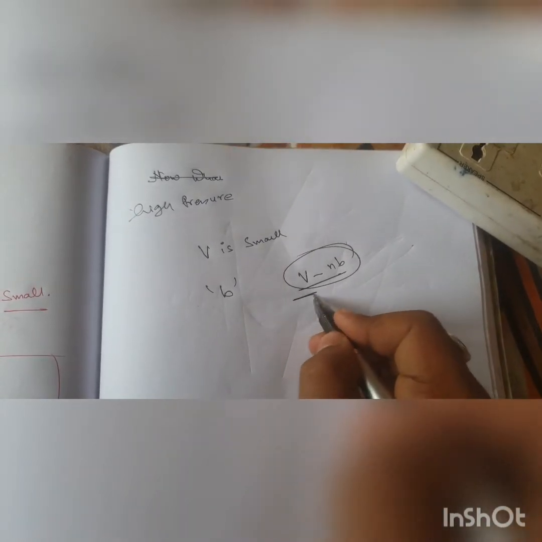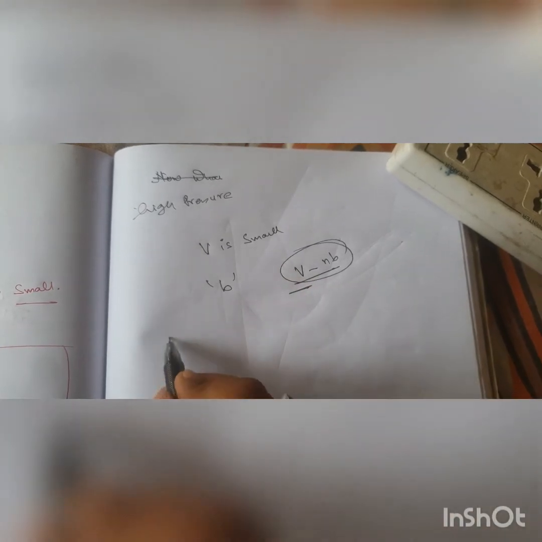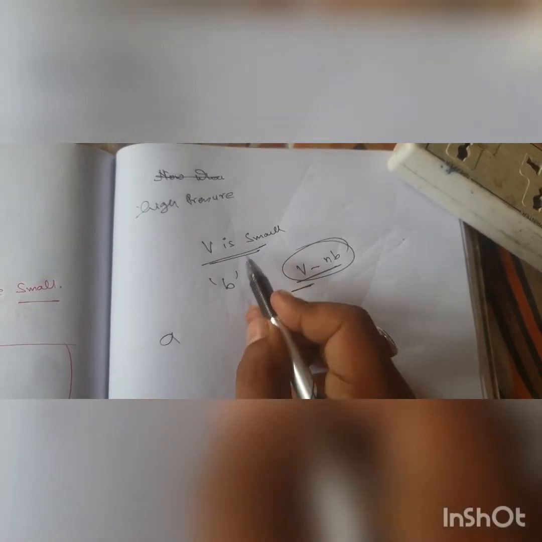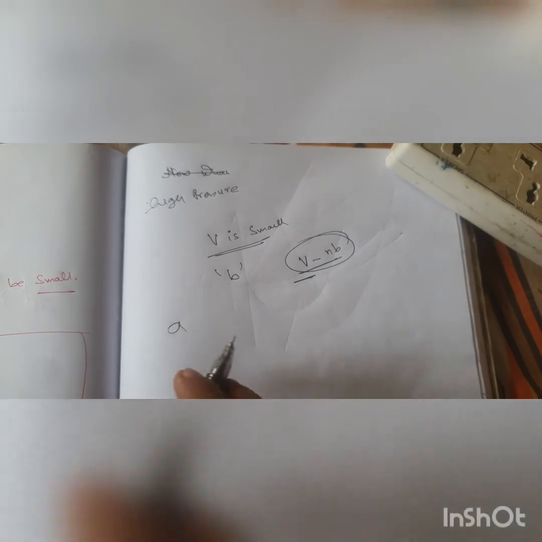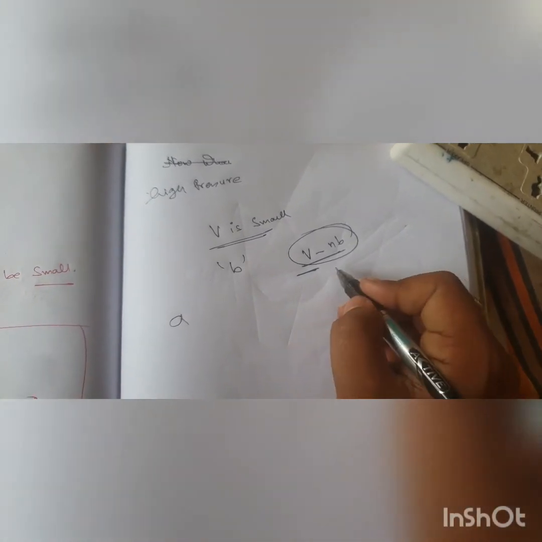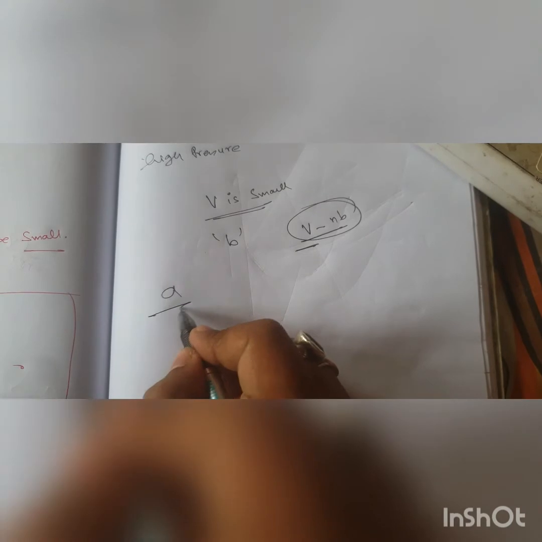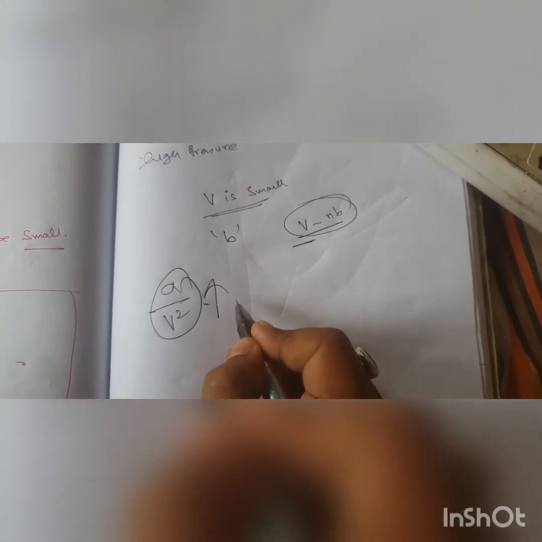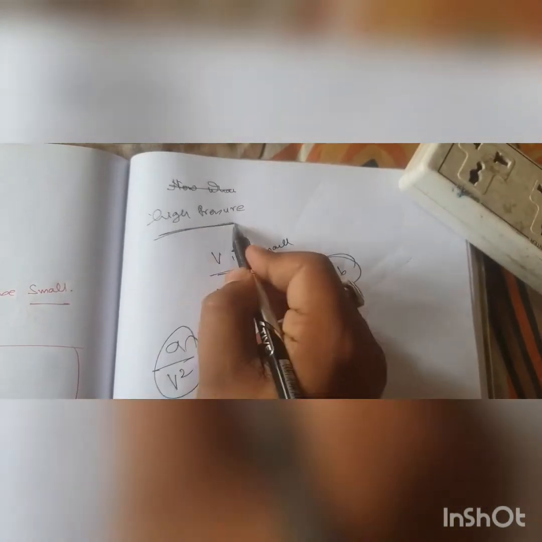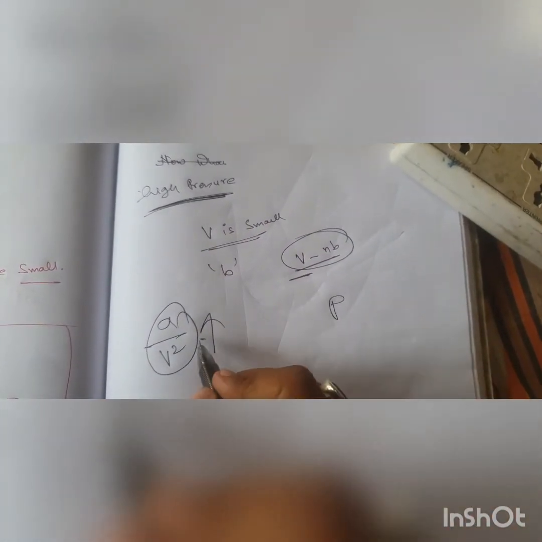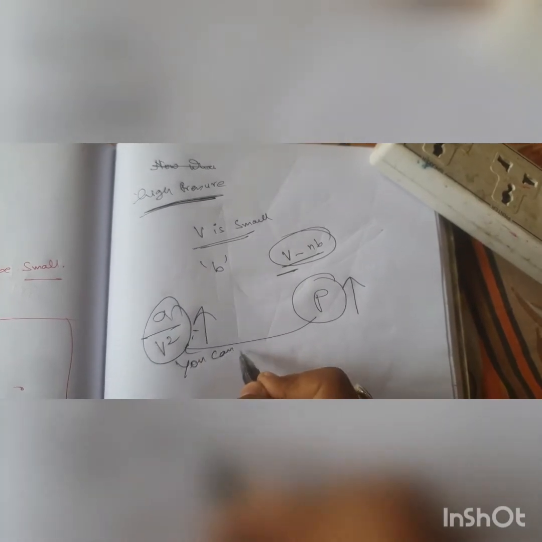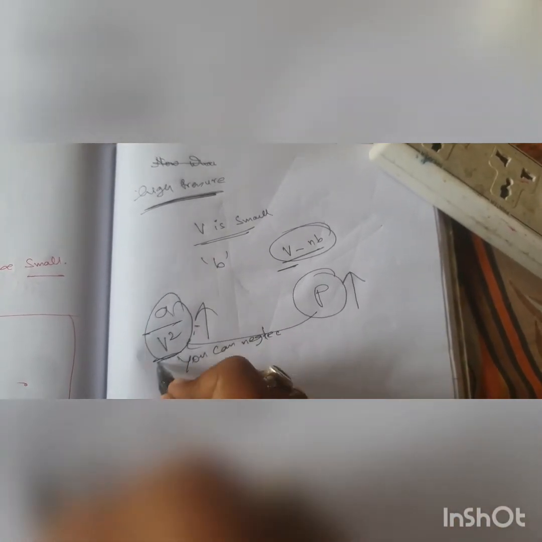V is so small that B cannot be neglected in comparison to V. Now you will say, sir, the factor A by V square is even larger now. But due to such a high pressure, even if it is very large, you can neglect it. It doesn't count now.